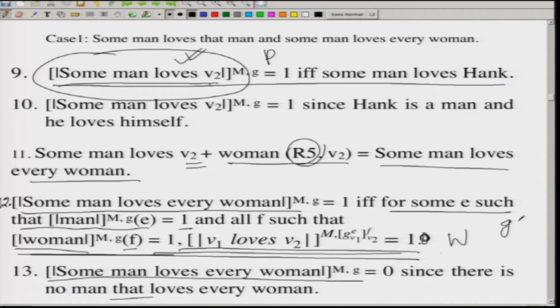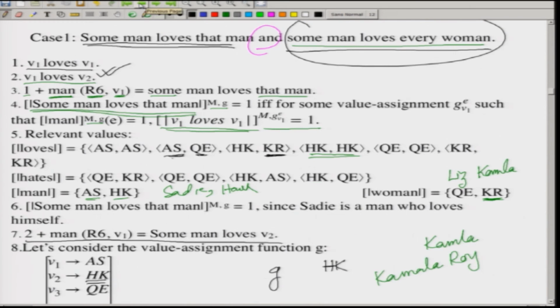Now we remember that on the previous page we saw that the first part was 1. So this part is 1 and this part is 0. So we compute the truth value of the whole statement, it will be 0, because what is the matrix of and?